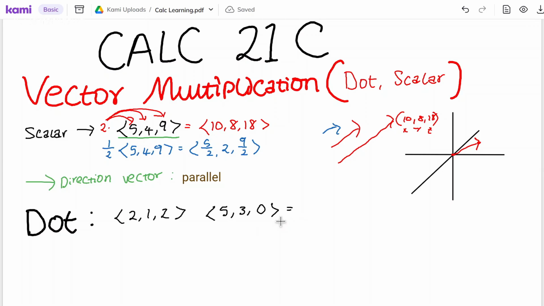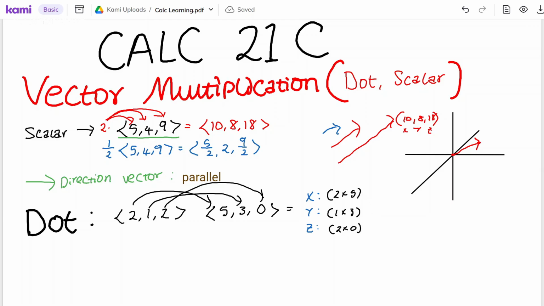So a dot product is just this vector multiplied by this vector, where the x's go together, the y's go together, and the z's go together. So it looks something like 2 times 5, then 1 times 3, and then 2 times 0.